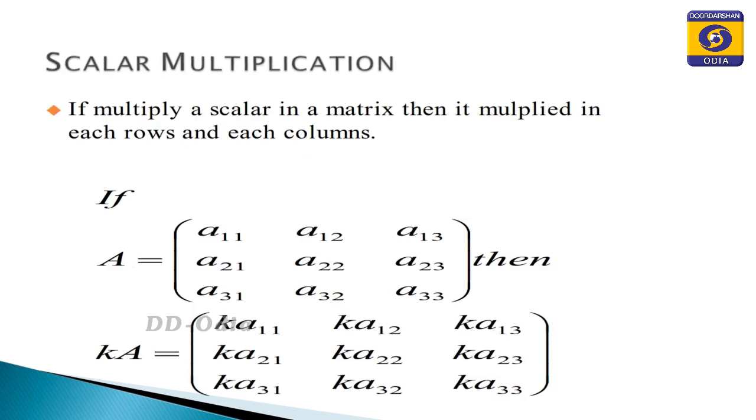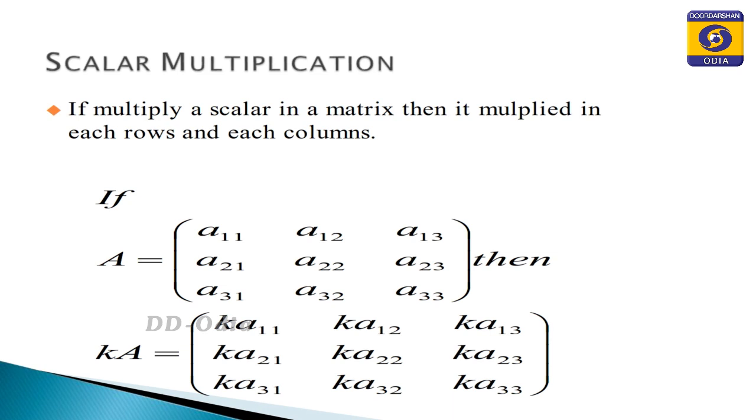Next is, what is scalar multiplication of matrices. If we multiply a scalar with a matrix, then this scalar is multiplied into each element of the matrix. That means this scalar is multiplied in each row and each column.